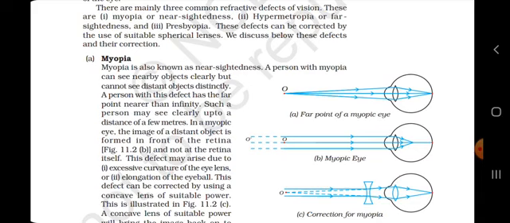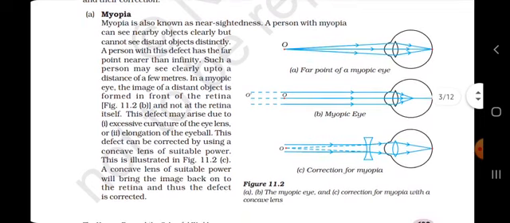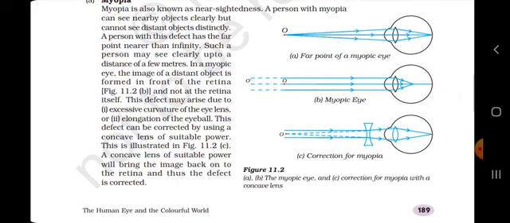A person with this defect has the far point nearer than infinity, as you can see in the figure 11.2, that the image is formed before the retina. So we need a correction of this, and the correction for myopia is the concave lens.